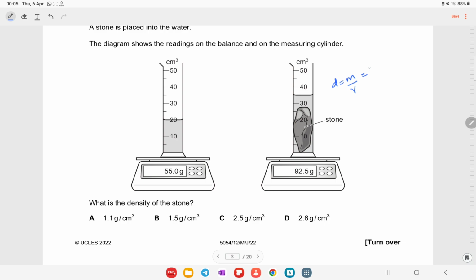In order to find the mass, you have to subtract 92.5 grams minus 55, because that's the mass of the water in it. What will be the volume? The volume will be 35 minus 20. Now you take out your calculator. So I hope it's going to be 37.5 divided by 15, which is around 2.5 grams per centimeter cubed. So option C would be your answer for this.